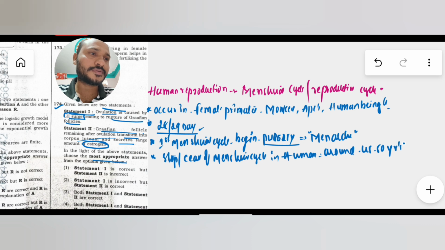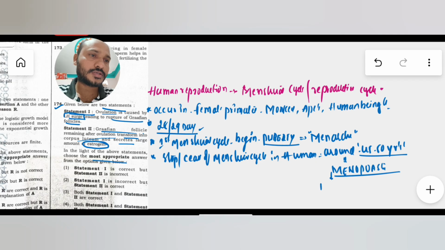So around 45 to 50 years the menstrual cycle will stop, and that stoppage of the menstrual cycle is known as menopause. So menopause is the natural cessation of the menstrual cycle.